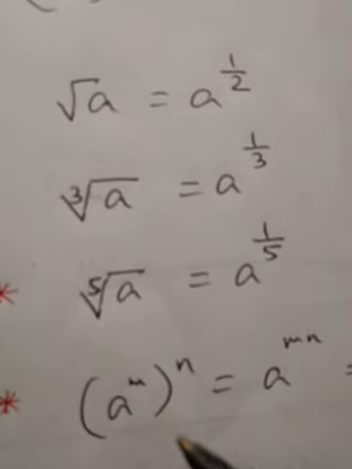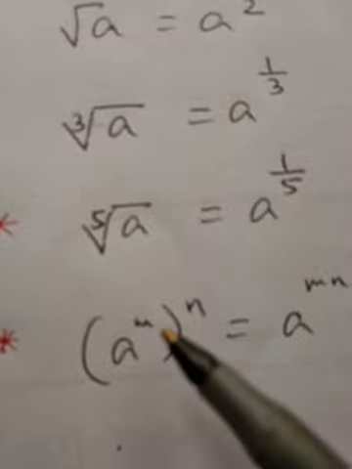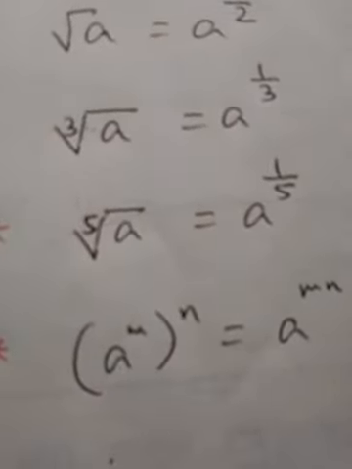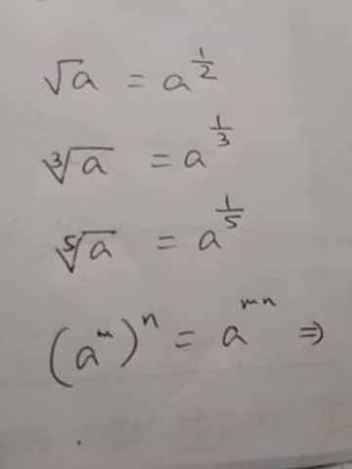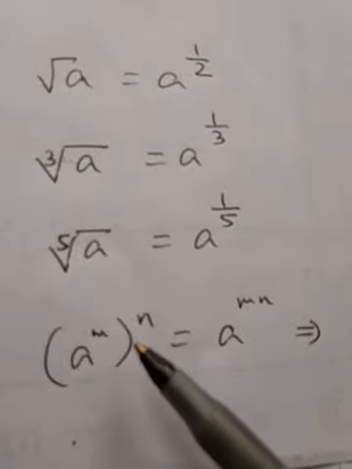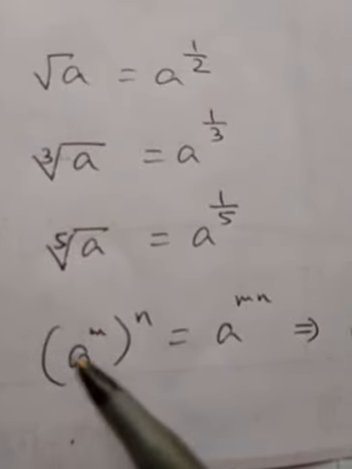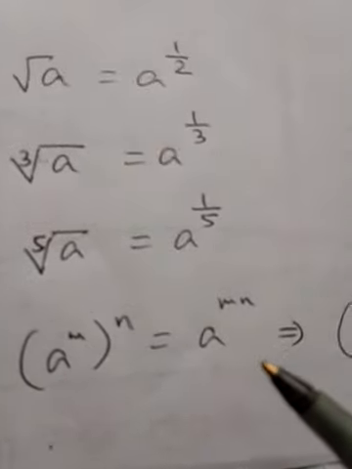Next, if there is one exponent over another exponent, that means (a to the power m) whole to the power n, then the exponents will be multiplied. That means (a to the power m) whole to the power n will become a to the power mn.